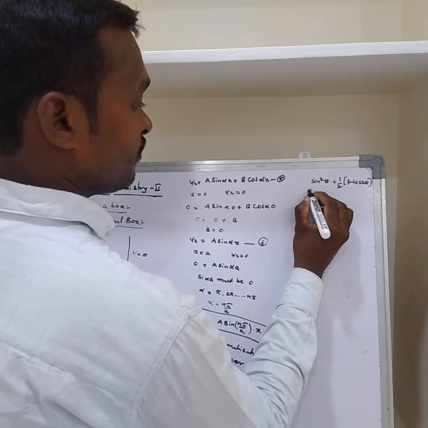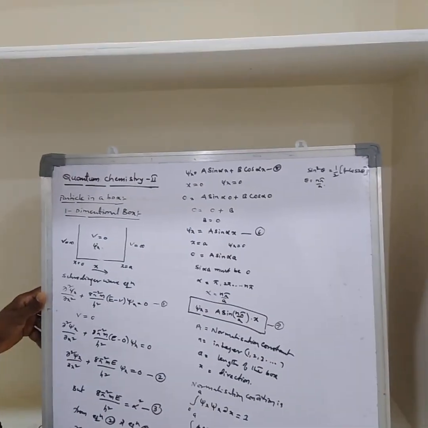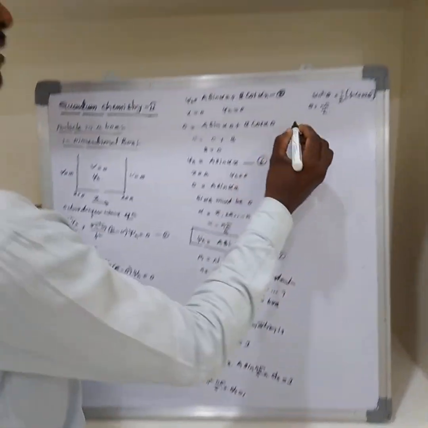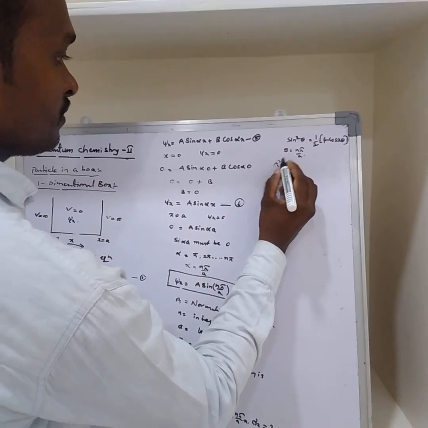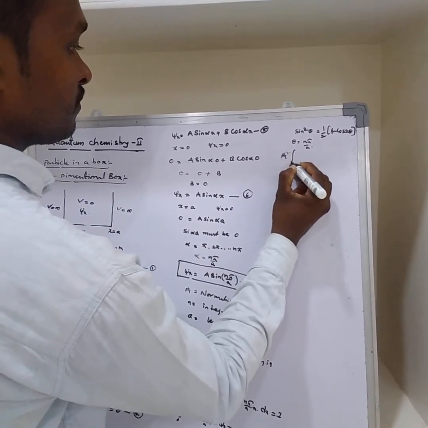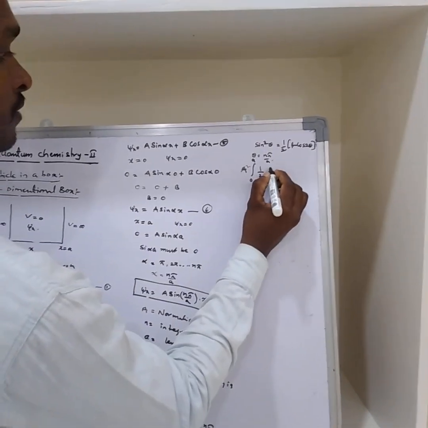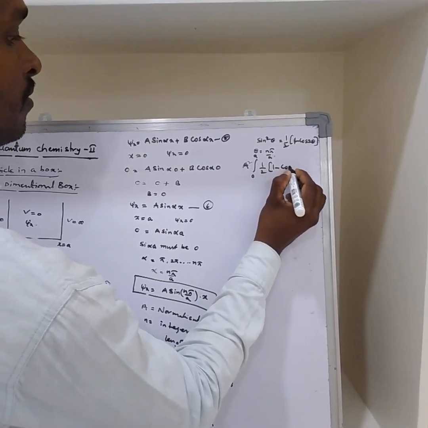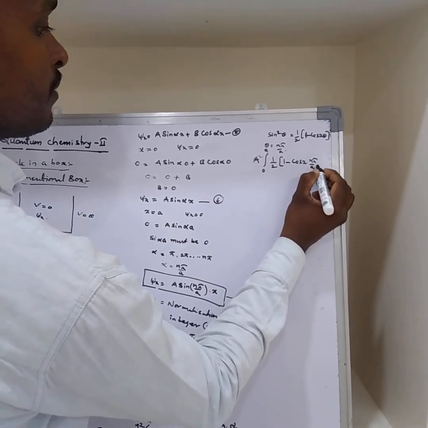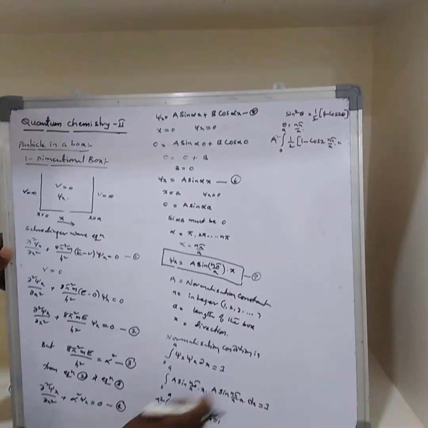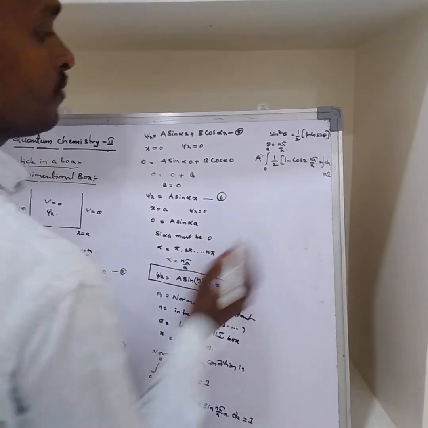Therefore here we assume theta is nπ/a. So A squared, integration from 0 to a, sin squared theta is 1/2 into (1 minus cos 2 theta). Instead of theta it is 2nπ/a x, dx will be equal to 1.